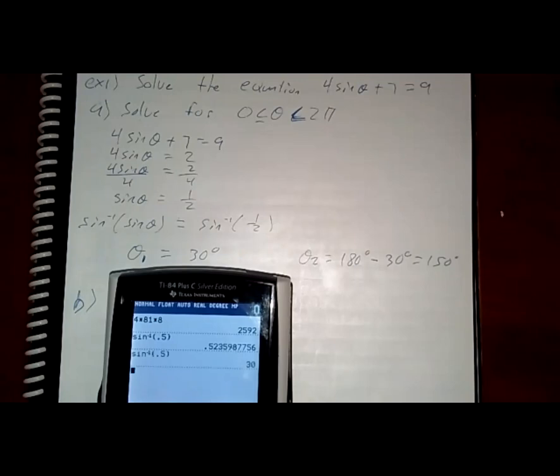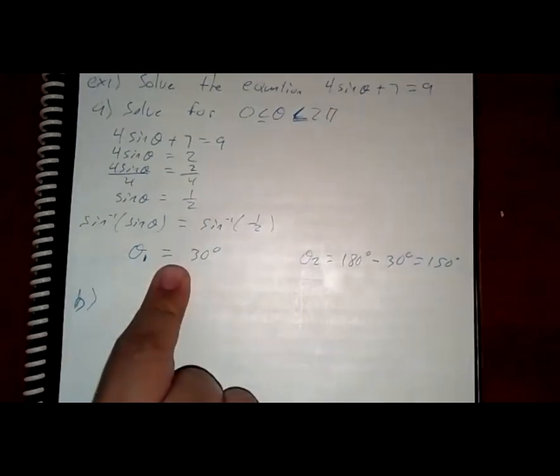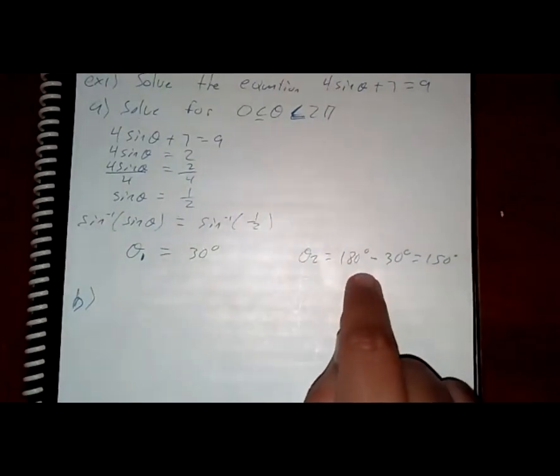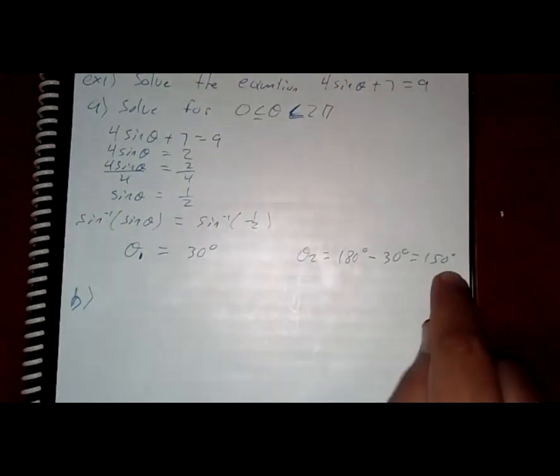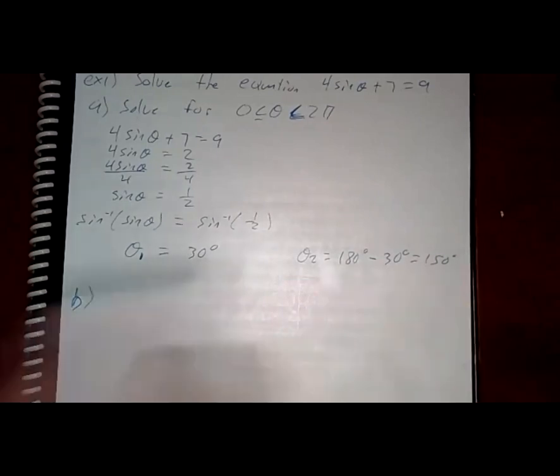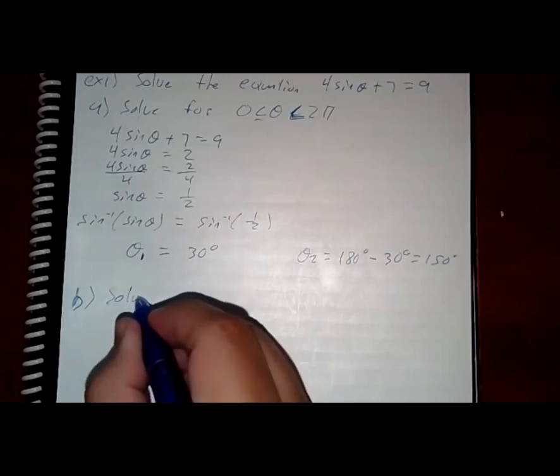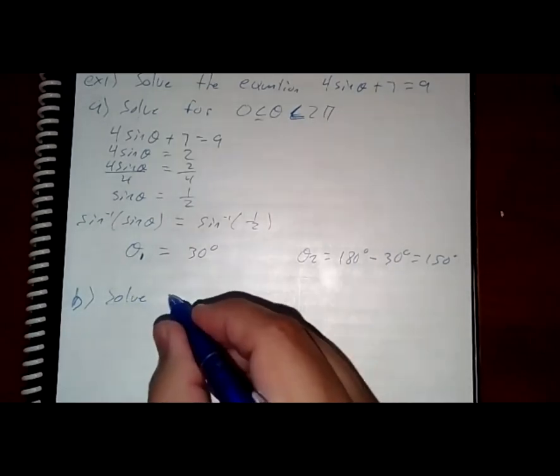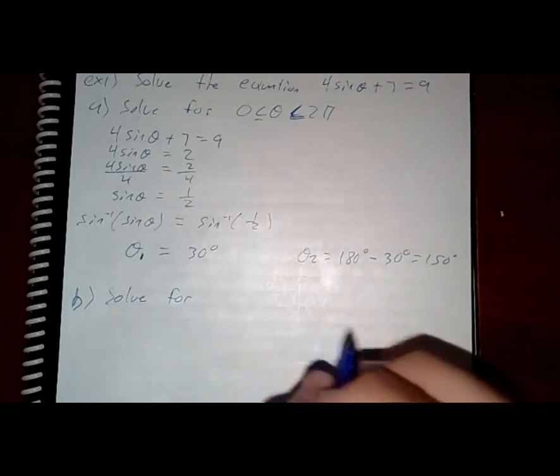Do it again. 30 degrees. So that gives me the first one. To get the second, I must do this. And then you get 150. Is that clear? Let me know. If not, I'm going to move on to part B.